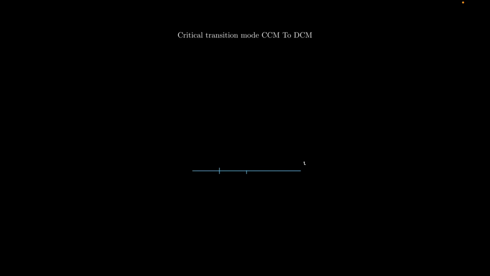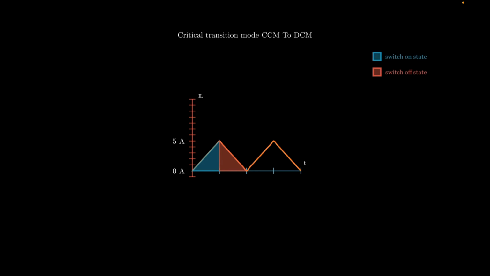And next is the critical transition mode, where your load is increased. Now you can see the current is varying between positive and zero. It is not becoming negative. So it is hitting zero, and that's why it is the critical mode, and it is varying from 0 to 5 amps.